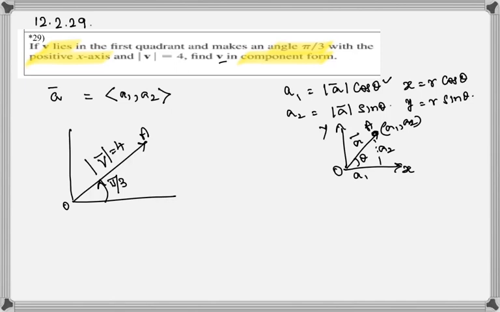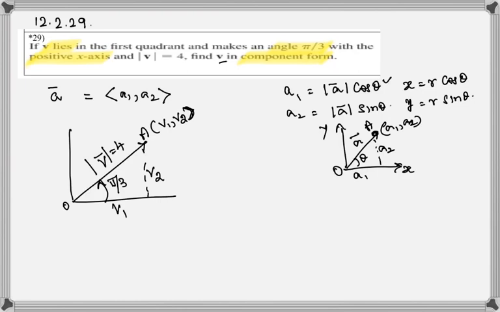Then you are asked to find v in the component form. So if I consider the components as v1 and v2, where v1 is the x component and v2 is the y component, this means that the point A has coordinates v1, v2.